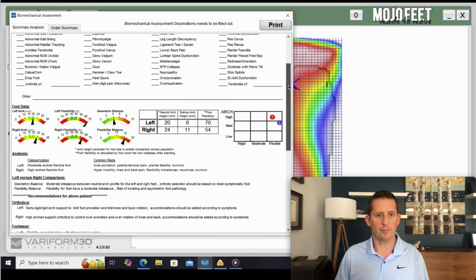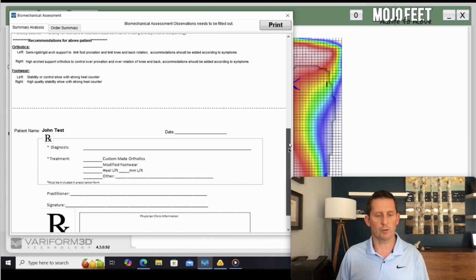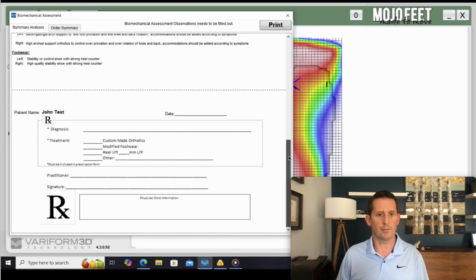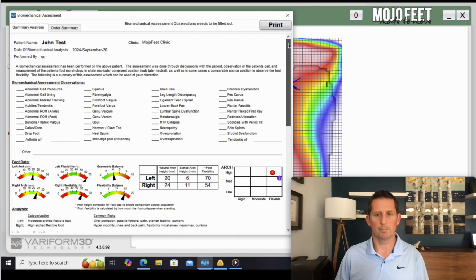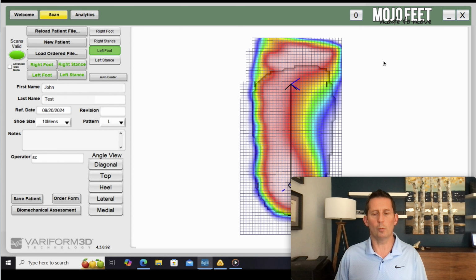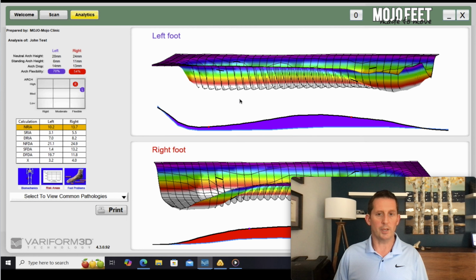Scrolling down, you have a few other recommendations as well as an orthotic prescription form, should you be going down that road. Perfect. Those are the things that come with the analytics page as far as talking to a patient, making decisions clinically about their foot and deciding what to do, as well as showing them what you're doing and why.